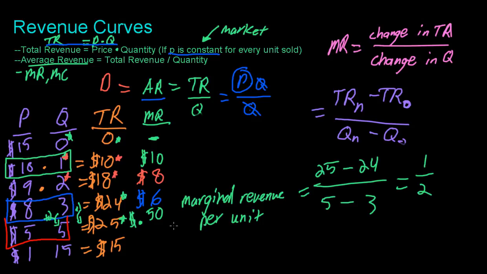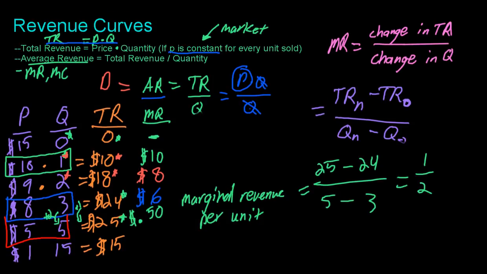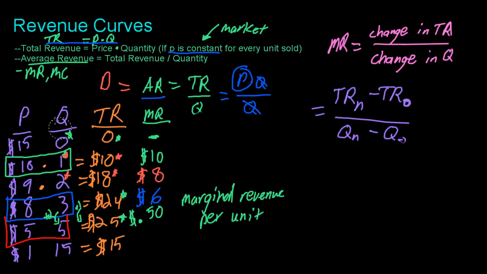Okay, and now let's find out what our marginal revenue per unit is from 5 burgers to 15 burgers. And we're going to find out that it is negative. So I don't have too much room down there, so I'm just going to go ahead and erase this again. Hold on, there we go. And we'll do this in kind of a bright blue. So we now have our new total revenue is only $15 minus our old total revenue, which was $25.